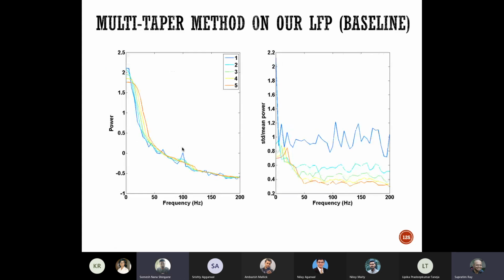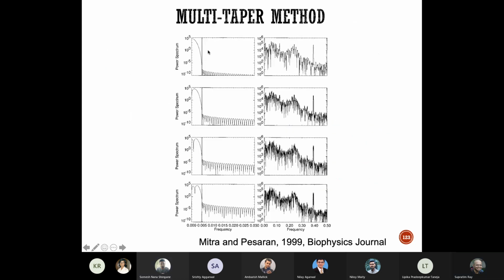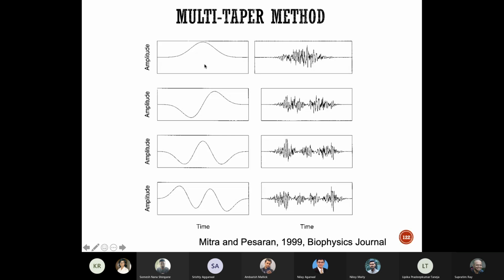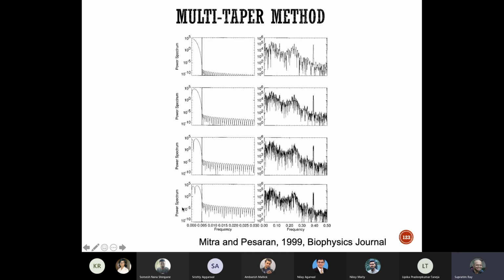So when I use this taper or that taper or that taper, they all have a low pass characteristic. When I do e to the power j omega t while taking the Fourier transform, this gets shifted to that center frequency. So all of these are filtering essentially the same frequency when you're taking the inner product.